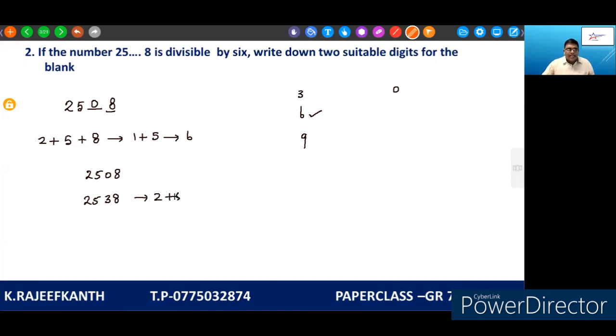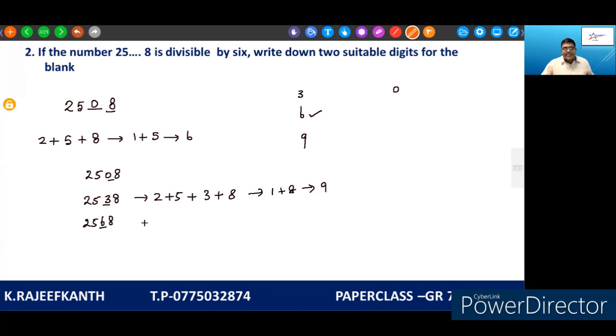Now we can check the digital sum of this number, 2538. 2 plus 5, 7, 7 plus 3, 10, 10 plus 8, 18. Then the digital sum is 9. So this number also can be divided by 3. Right? So we can write 0 and 3. If we add 3 to 3, then we can write 6 also.